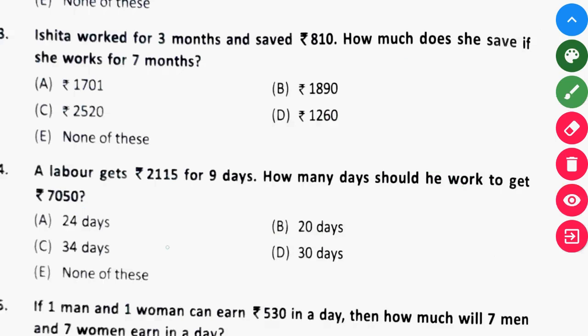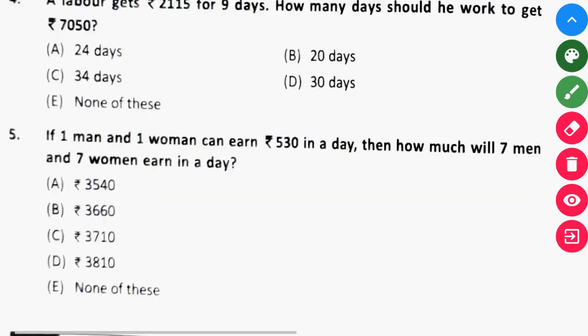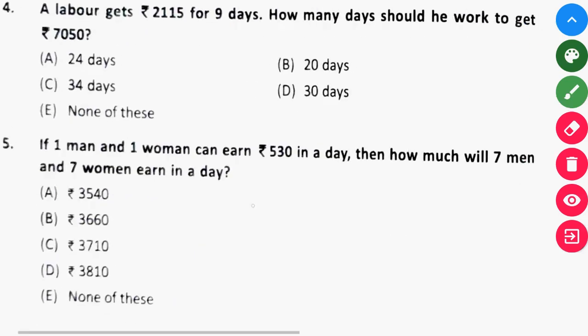Okay, the next one is, if a man and a woman can earn 530 rupees in a day, then how much will 7 men and 7 women earn in a day? So one man and one woman can earn rupees 530 in a day.